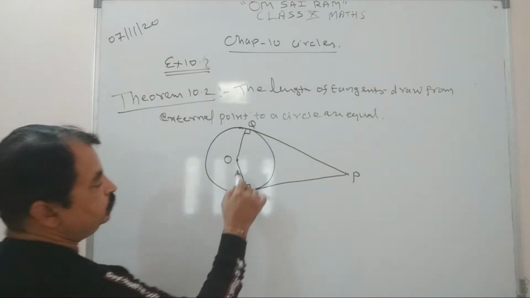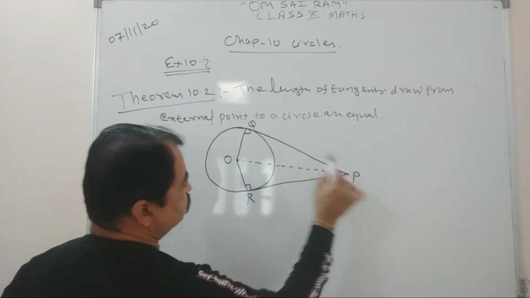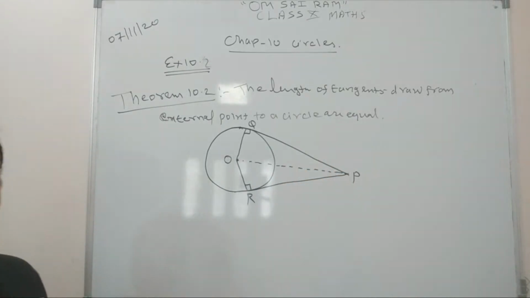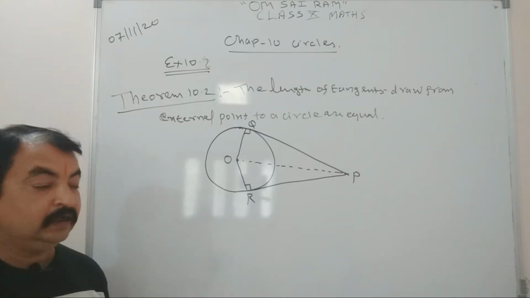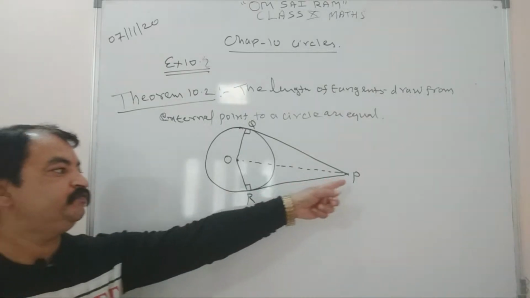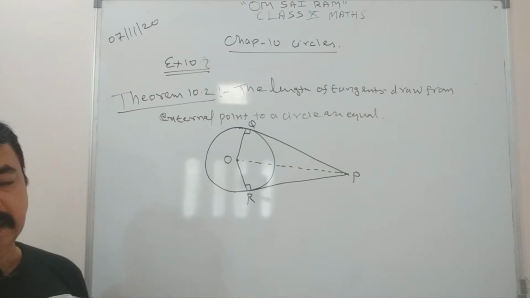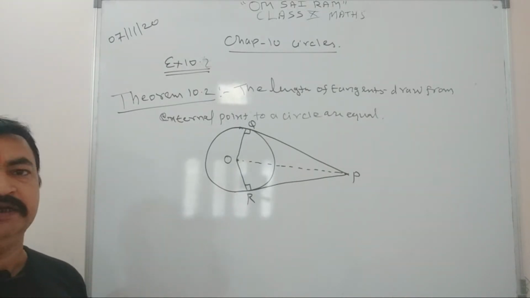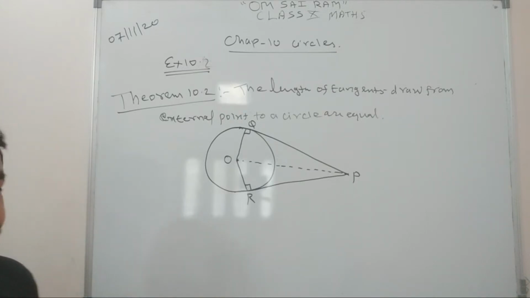Then you will join this OP. This is a very important theorem, children. You have only two theorems in this chapter: one is theorem 10.1, the tangent radius theorem, and another is that tangents from an exterior point to the circle are equal. And definitely 101% alternate years they are asking this, right children?